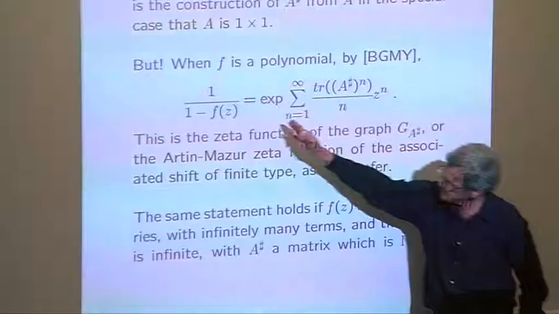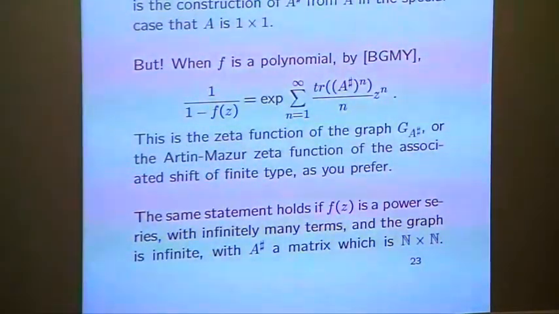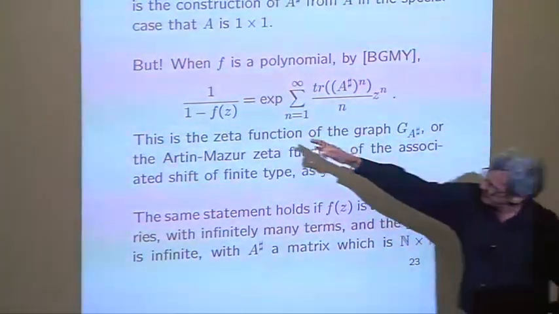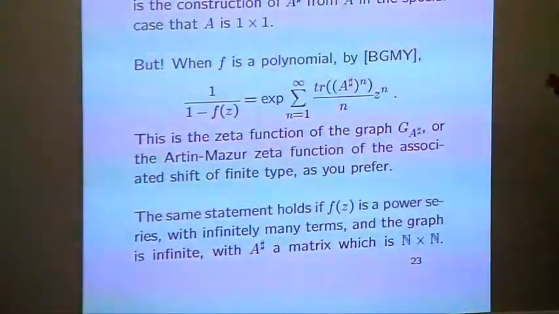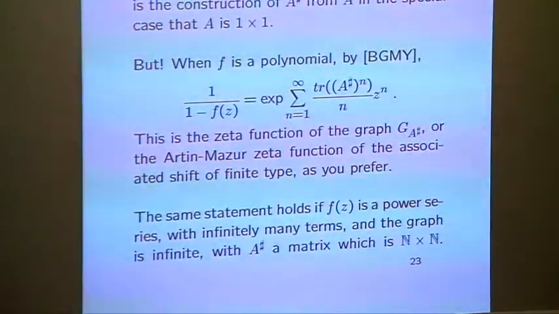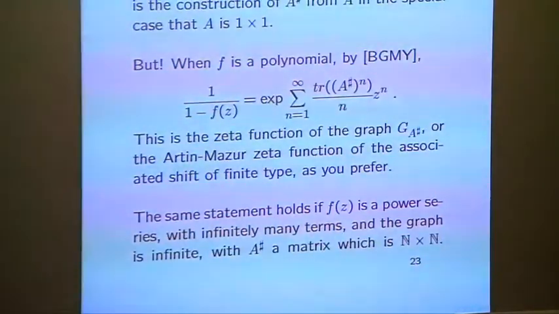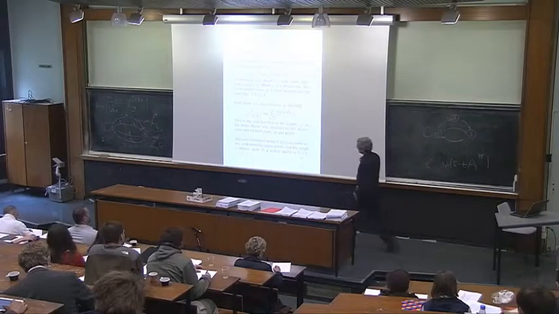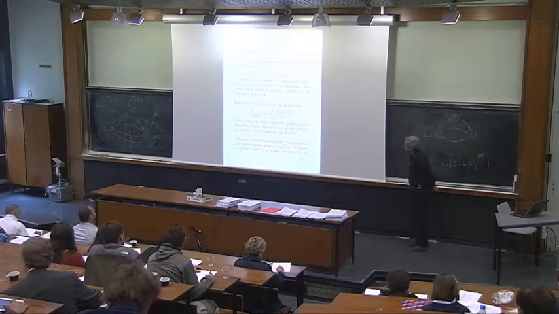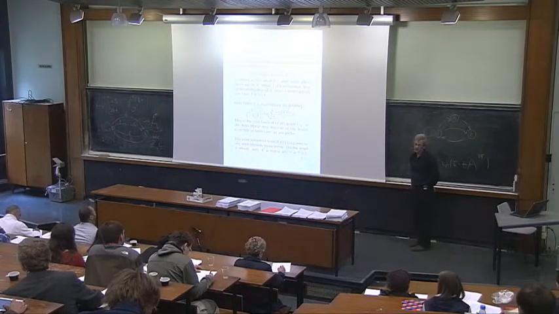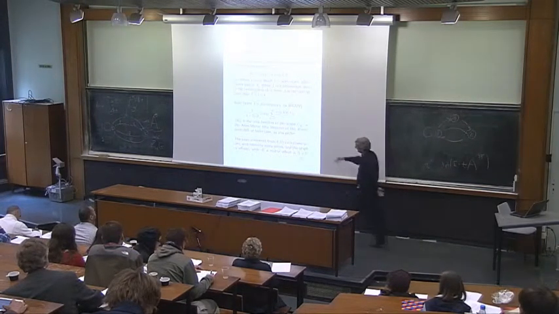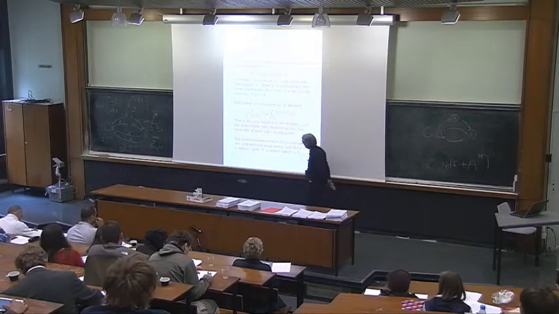It means that the nth coefficients on the left and right must be the same for every n. But on the left side, we're looking at the geometric series with f plugged in. So the terms of f which have any contribution to the coefficient of z to the n on the left will be terms f sub k, where k is less than or equal to n. Okay, so we're really just looking at the terms that come from the polynomial case.